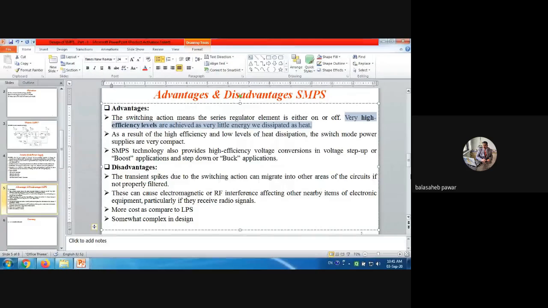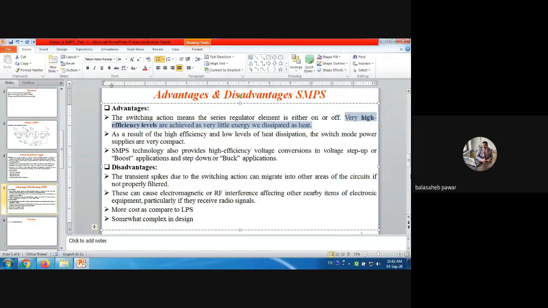While in the case of LPS, what was the conclusion? That regulator IC remains continuously in the on state. Already I told you that regulator ICs are high dropout voltage regulator ICs, with 2 to 3 volts dropping across them, and hence the power dissipation in a linear power supply is sufficiently large.